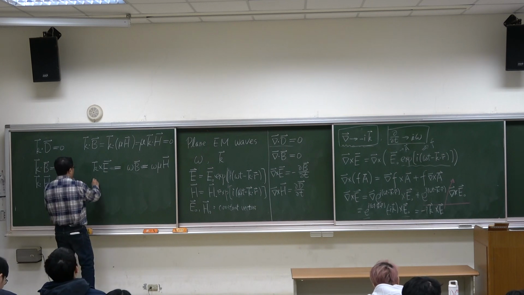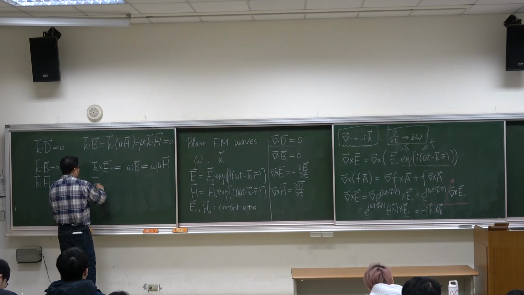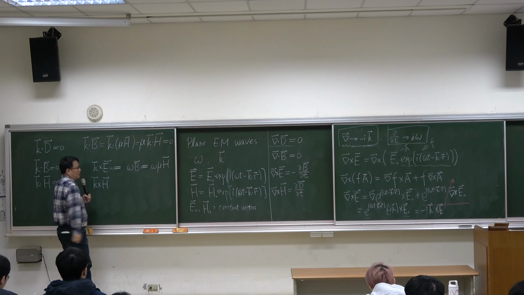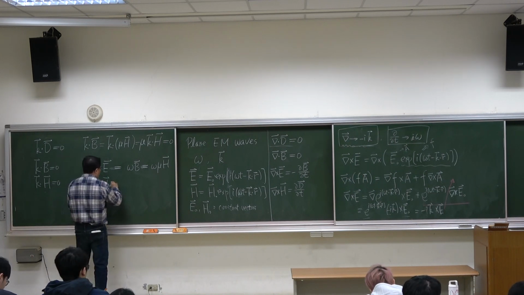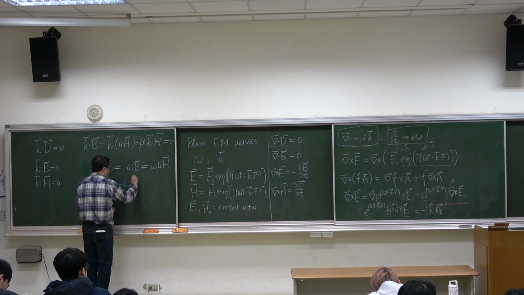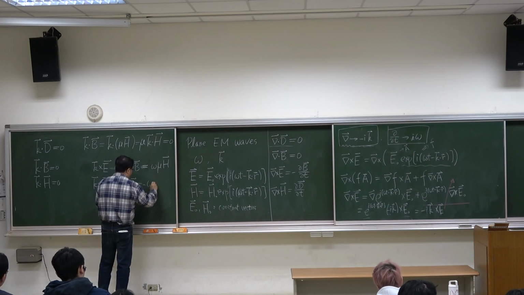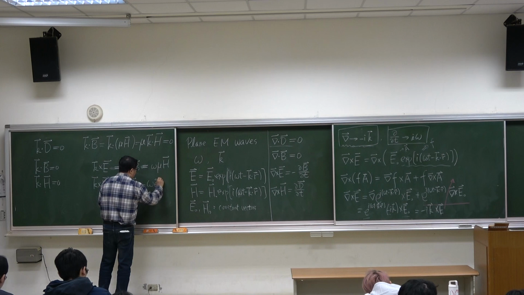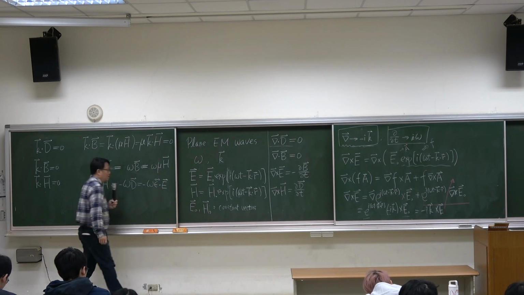And finally we have k cross H equal to minus omega D, which is just minus omega epsilon dot E.